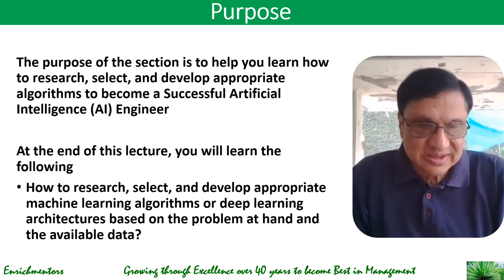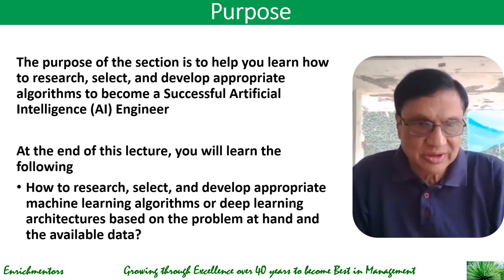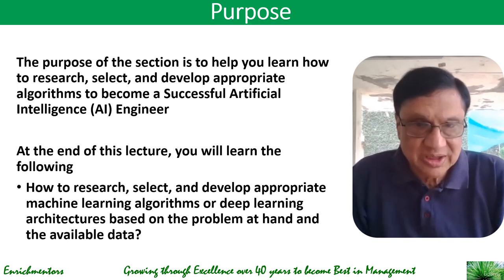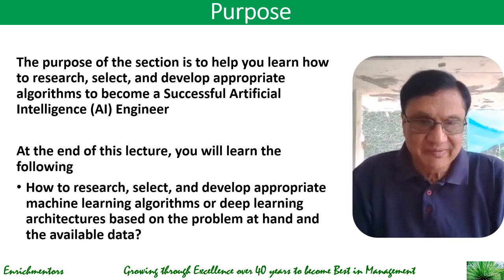And in this lecture onwards, we will start talking about how to research, select, and develop the right machine learning algorithms or deep learning architectures based on the problem at hand and the available data.